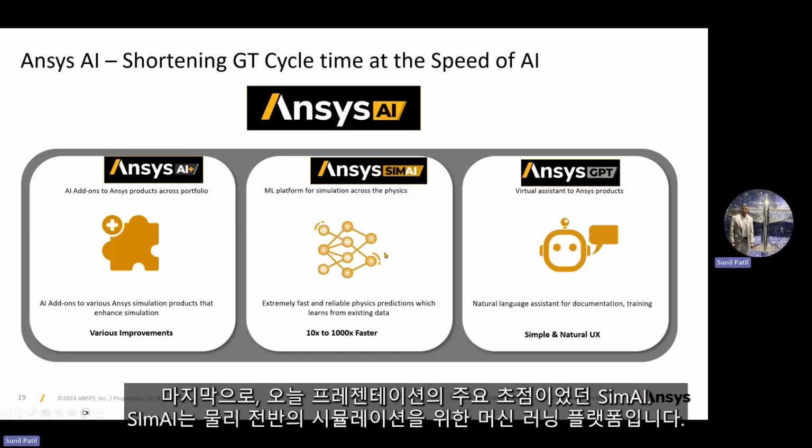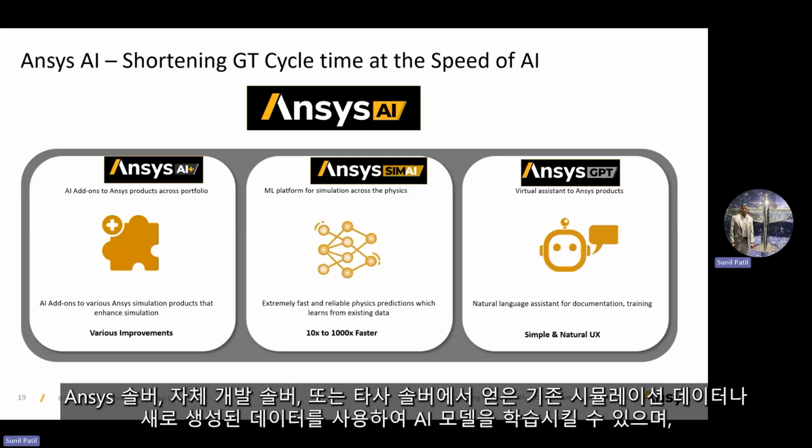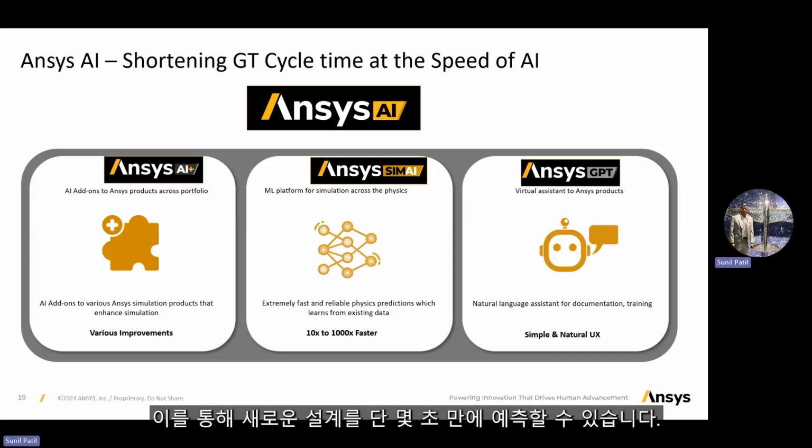And finally, SimAI, which was the major focus of today's presentation, is a machine learning platform for simulation across the physics. You can use your existing or newly generated simulation data from either Ansys solvers, your in-house solvers, or third-party solvers to train an AI model which can start predicting new designs in a matter of seconds.